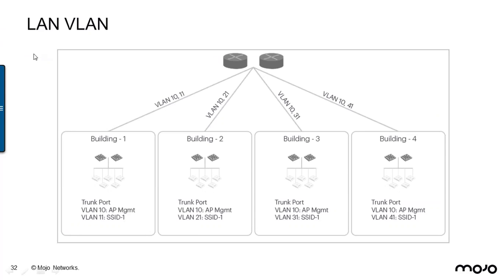Now, as far as LAN, we know that there are lots of different architectures out there, and you'll see anything from a campus with a /16, a big giant flat network, to some schools where we have multiple VLANs per building, or other schools where we'll see 1 VLAN per building, and that's 1 VLAN for user traffic.